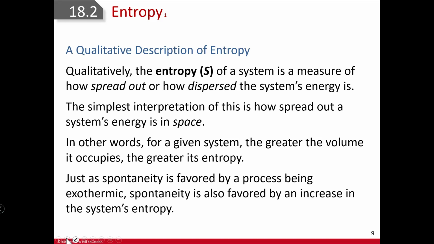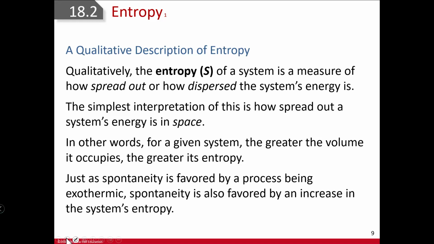Now, the way they talk about it in this book, they're going to use a statistical way of describing it. So let's talk about this slide because I think it's important as a foundational piece. It says entropy, capital S, of a system is measured by how spread out or dispersed the system's energy is.